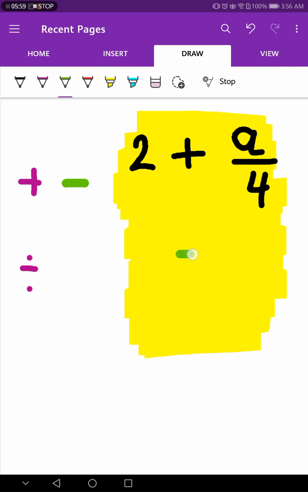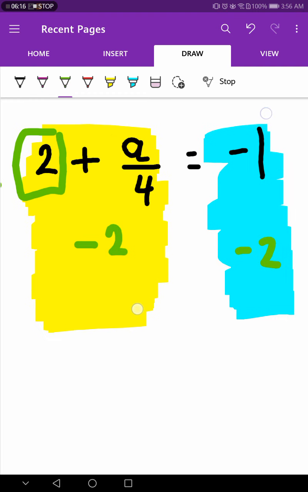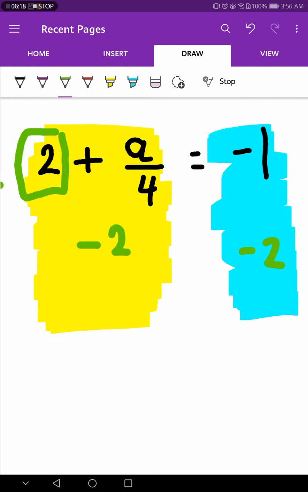I give it minus. Minus 2 or minus 4? No, minus 2. Yes. What you do in the left, you have to do in the right. This is the first step: you eliminate the number that is added or subtracted, every time.